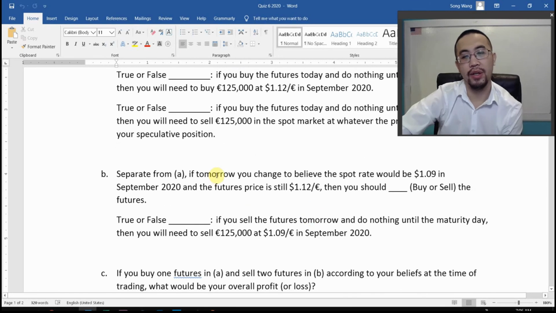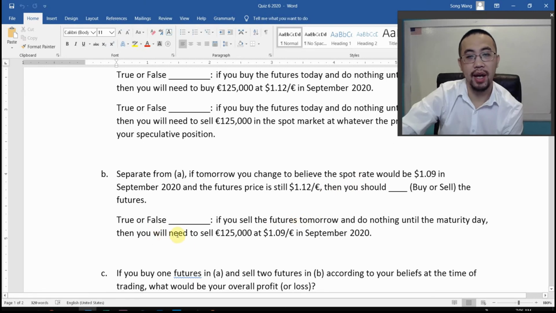And right here, just one day after, you change your belief because you get some more information, and you believe that instead of 1.15, it's going to be 1.09, which is below the futures price. Then you should take a short position by selling the future. If you sell the future, you will sell at 1.12, and then you believe that you can buy at 1.09 at the time of maturity. So you should sell the futures tomorrow and do nothing.